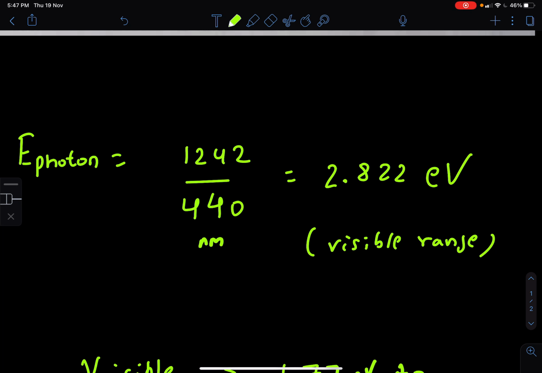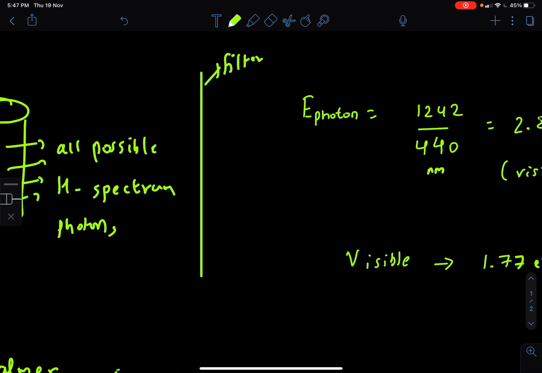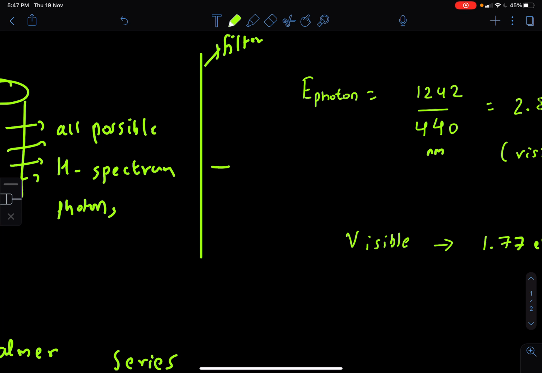So, if we say photon of wavelength greater than 440 is equivalent to saying energy of photon should be less than 2.822. So it will pass only those photons which have energy less than 2.822 electron volt, because wavelength greater means energy less.